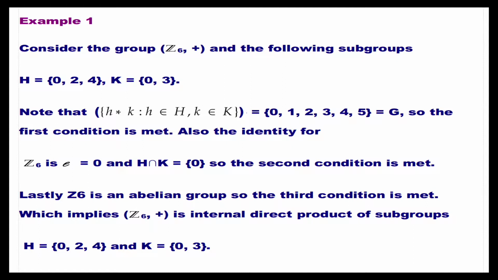Also, the identity element for Z6 is e equal to 0 and H intersection K is equal to the singleton {0}. So, the second condition is also met. Lastly, Z6 is an abelian group. So, the third condition is met, which implies Z6 comma plus is an internal direct product of subgroups H equal to {0, 2, 4} and K equal to {0, 3}.